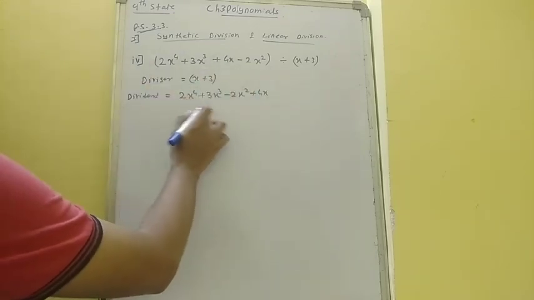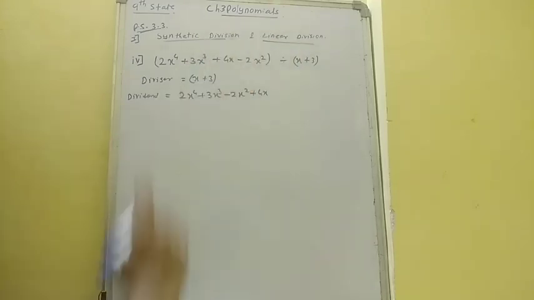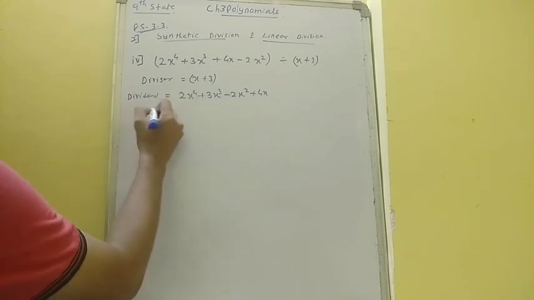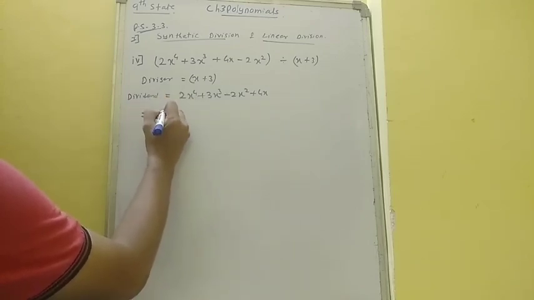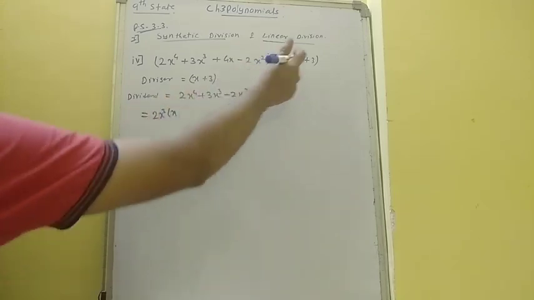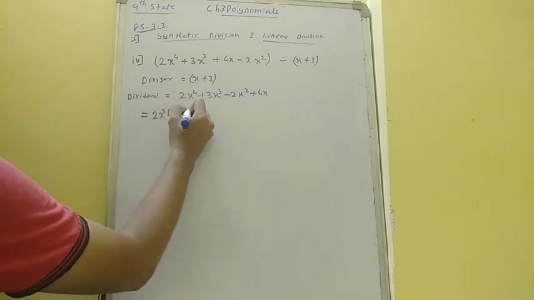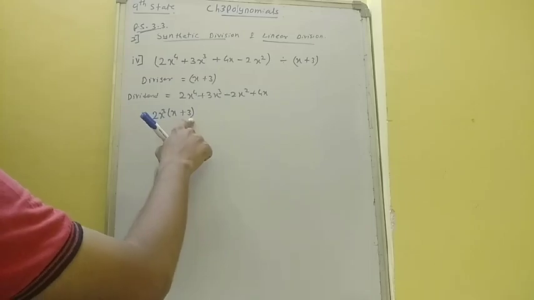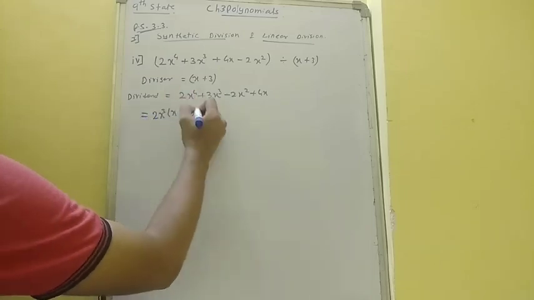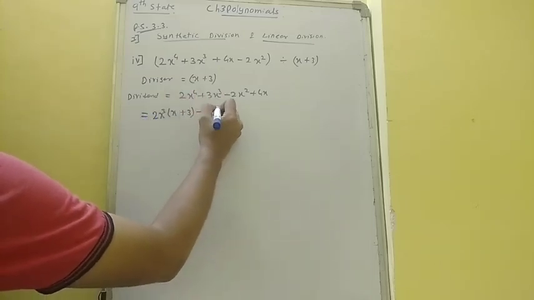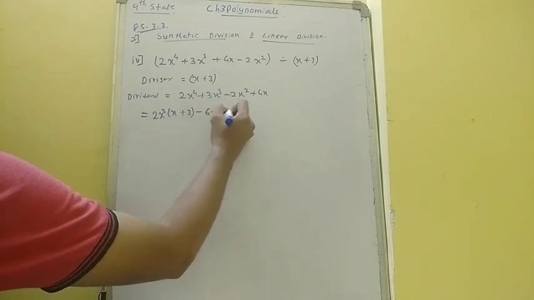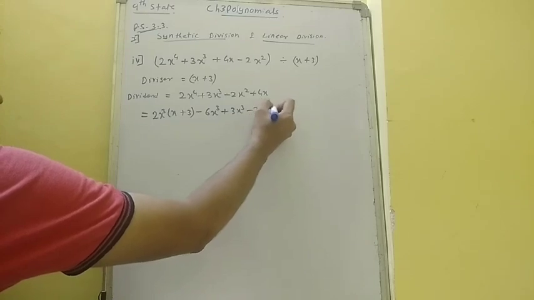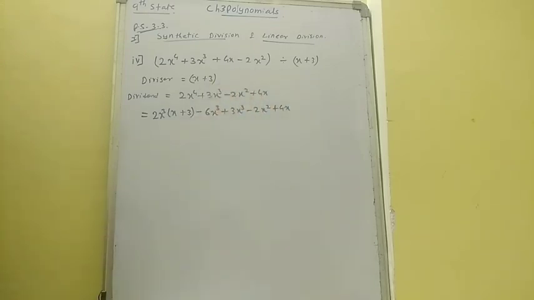Okay, so I will write this dividend in the form of x plus 3. So to get x over here, I will take 2x raised to 3 common. So I will have x, okay, and this plus 3 extra. We will balance this plus 3. 2x cube into 3 is 6x cube. Plus 6x cube will be balanced by minus 6x cube, and the remaining part as it is, plus 3x cube minus 2x square plus 4x.